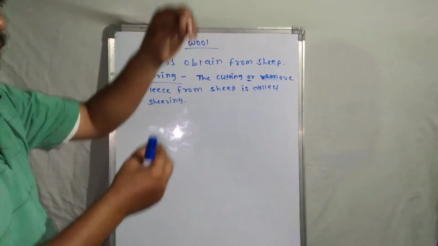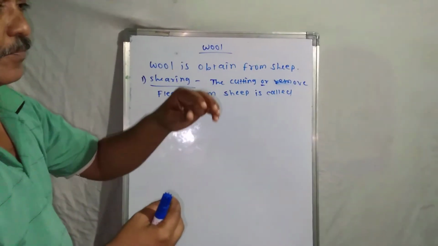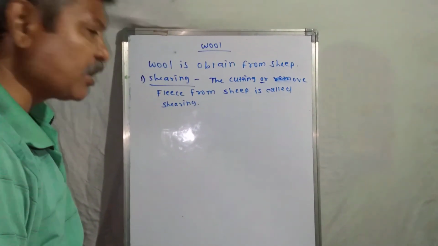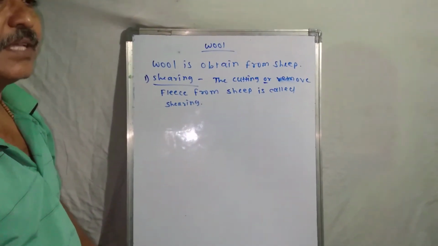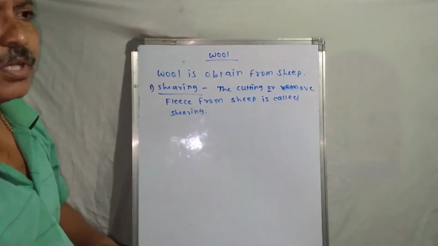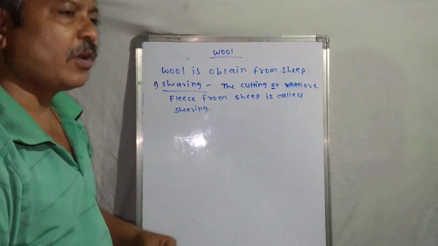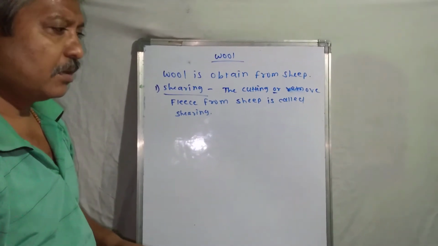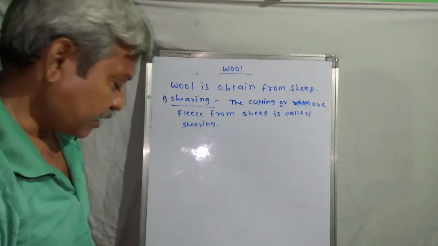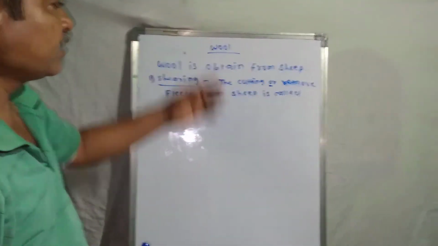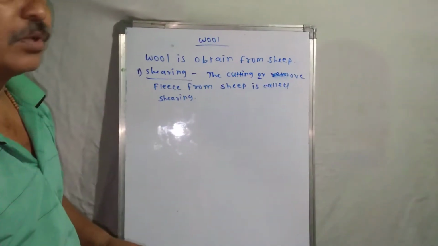Grading means arranging the fibers according to their size and shape. Then after the grading, there is dyeing. They give the desired color to the wool obtained from the sheep and yarn, and then lastly there is drying, and then it is sent for making wool.